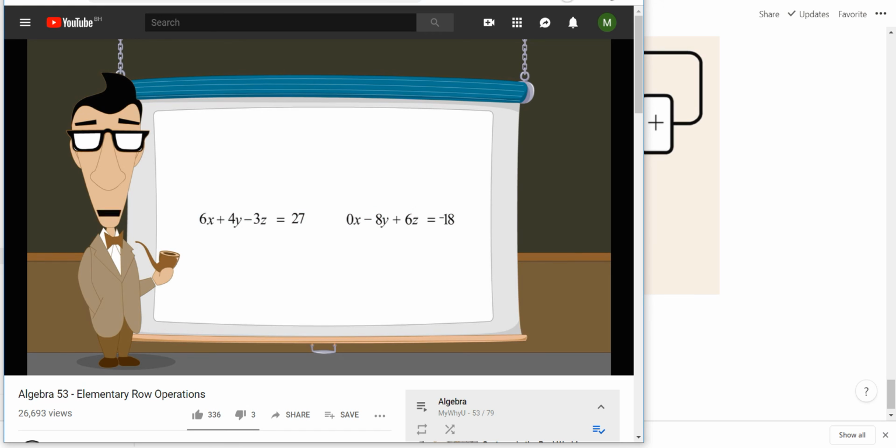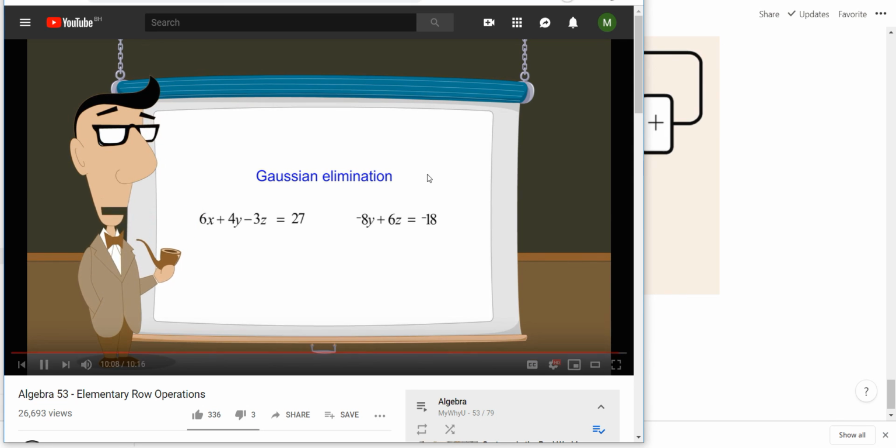Since in the transformed equation the x coefficient had become 0, the variable x was eliminated from the equation. In the next lecture, we will introduce a method called Gaussian elimination, which uses the 3 elementary row operations to transform and simplify augmented matrices, eliminating variables in the corresponding system of equations.